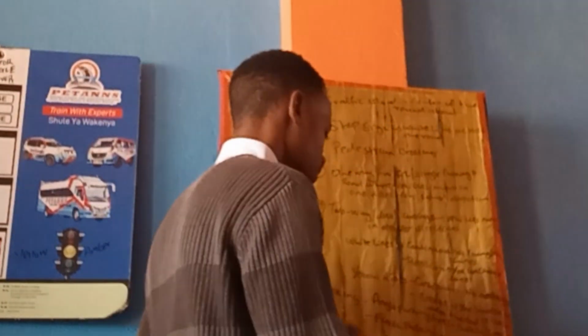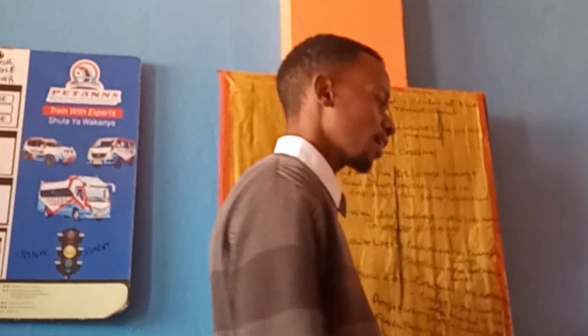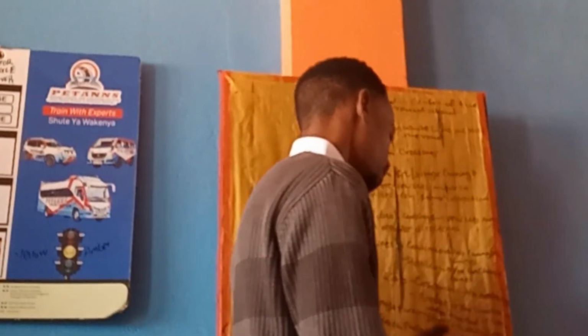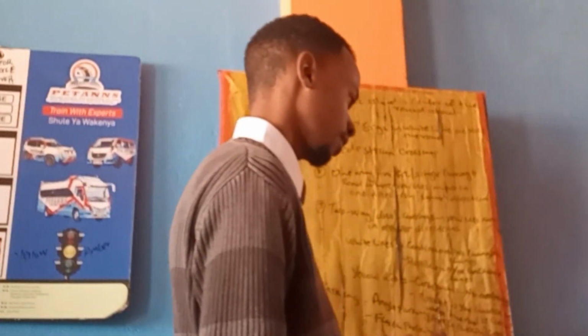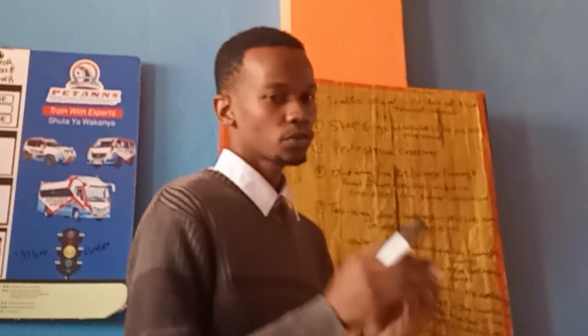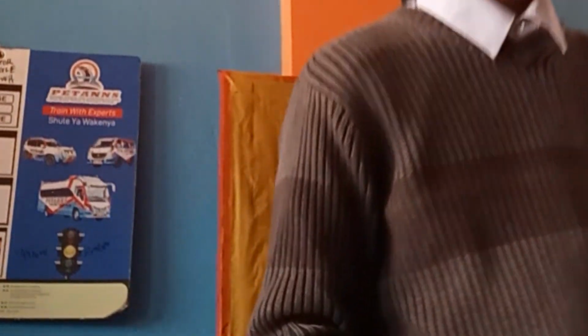Flash means fast. So you park for a very short period of time. That's why we call it flash parking. And it's uncontrolled parking because it's not safe and it's not secure.